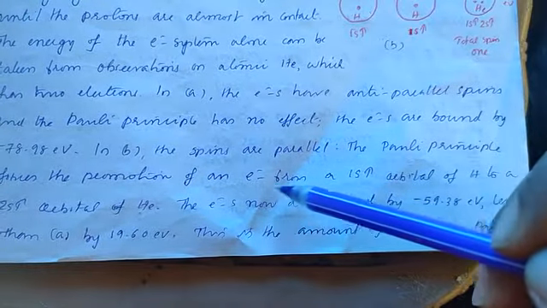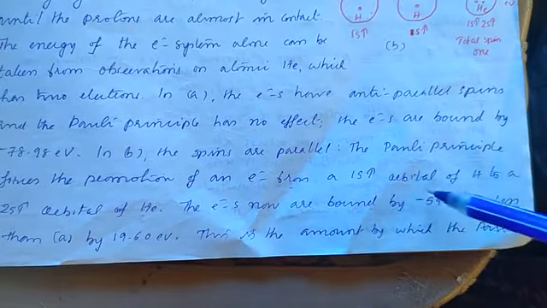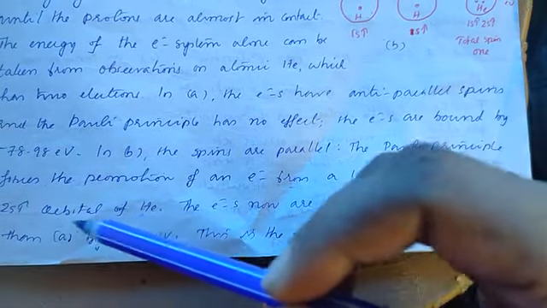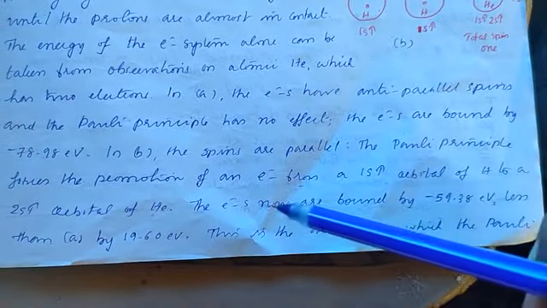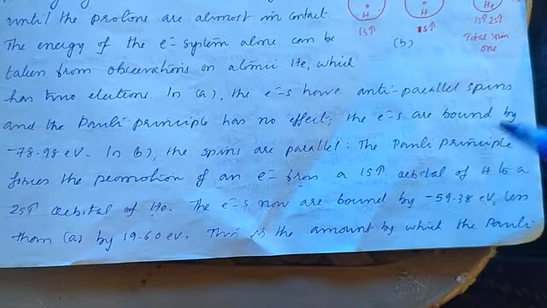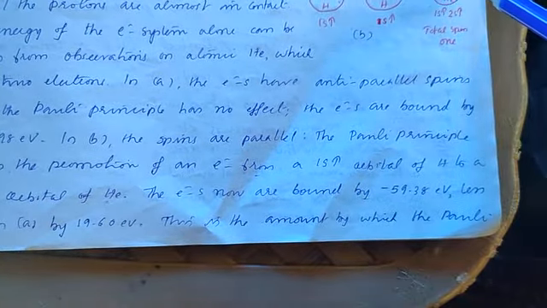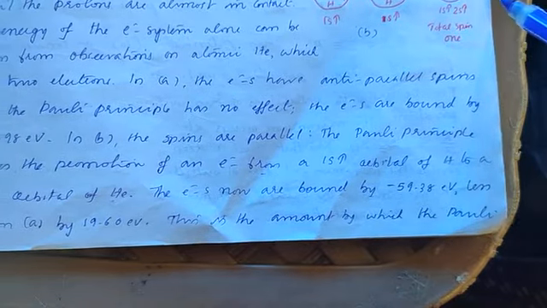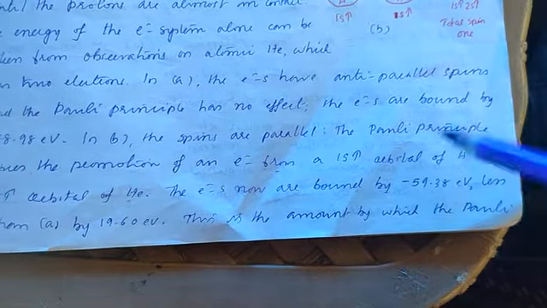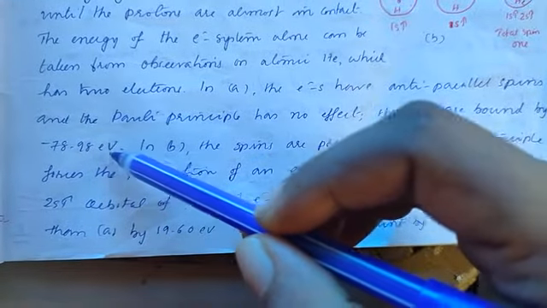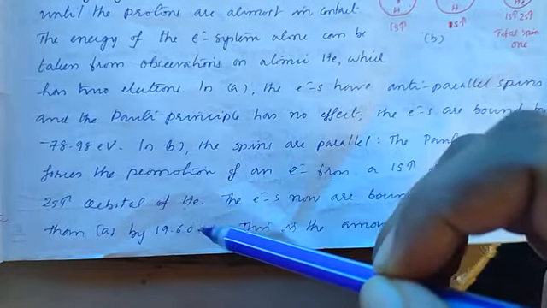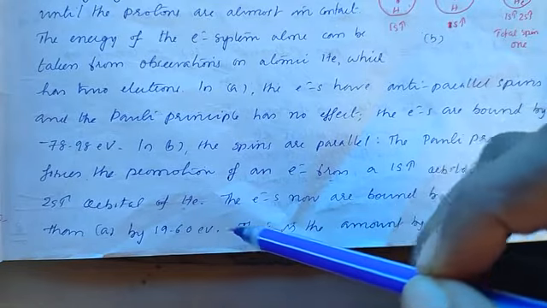So here the interaction is possible by a promotion of the electrons from the 1s orbital of hydrogen to a 2s orbital of helium. So the electrons now are bound by minus 59.38 electron volt energy, which is less than that value by 19.6 electron volt.